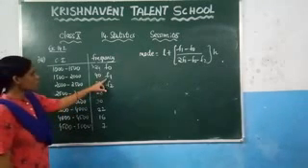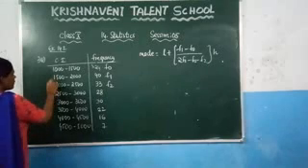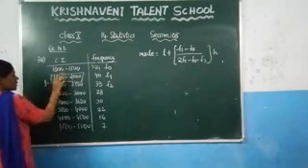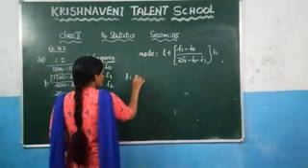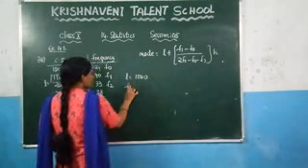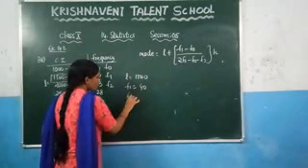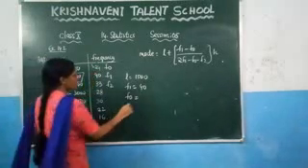What is the frequency? 40. Now what is the corresponding class interval? This one. In this, the lower bound, the smallest value, we call L. So here we got the L value as 1500, and the value of F1, which is the largest value, 40, and F0, which is the preceding frequency, which is 24.